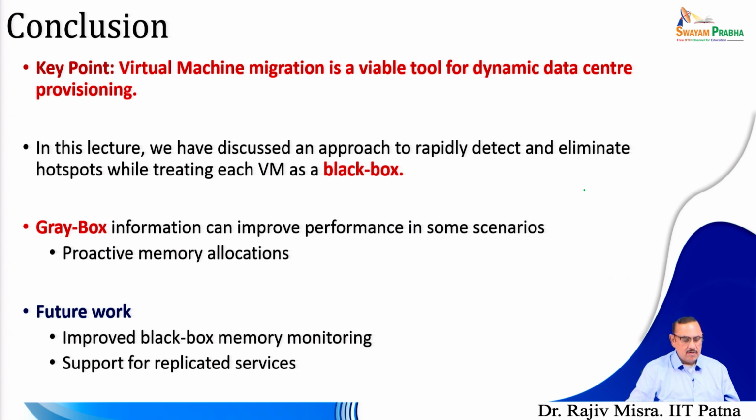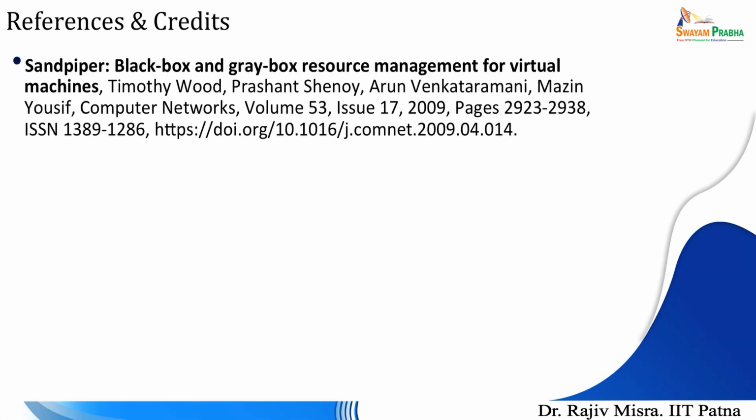The future work in this direction is that black box memory monitoring can be further improved, or support for replicated services added. These systems are very useful to understand the need for virtual machine migration, and such use cases are found not only in the cloud but also in edge computing systems. Thank you very much.